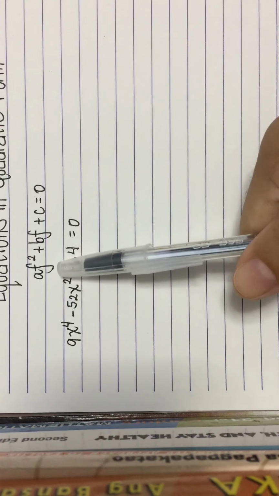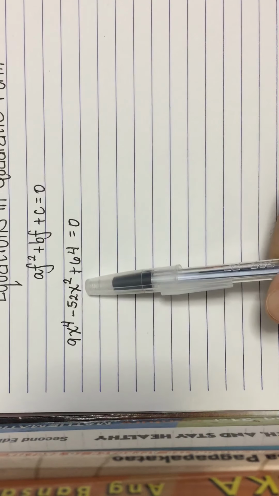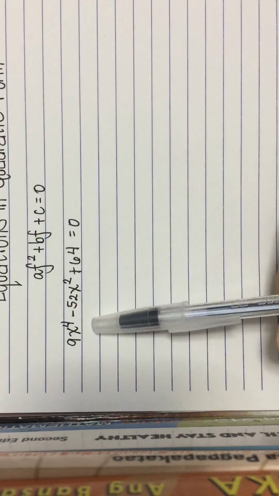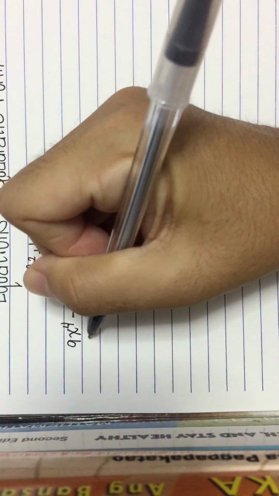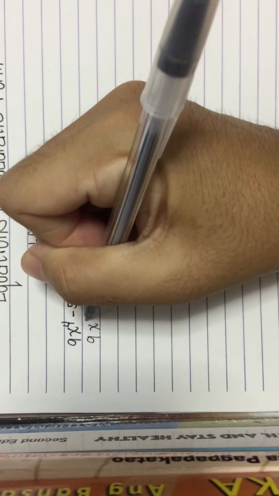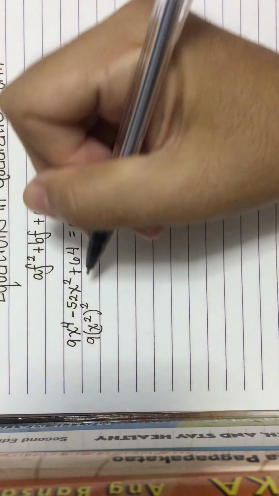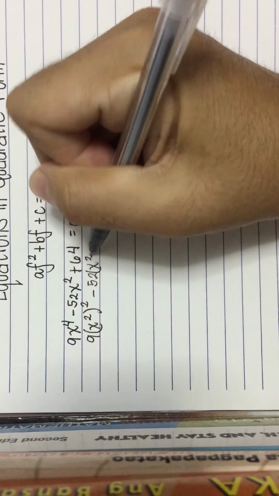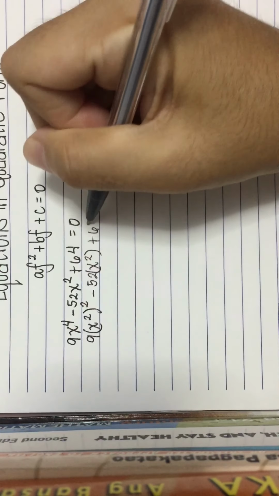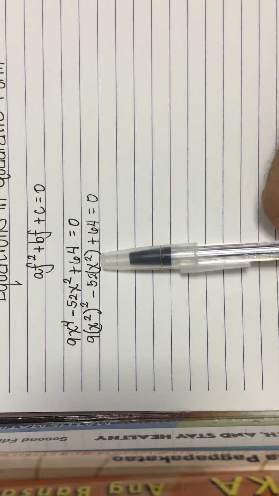So first, observe x to the fourth and x squared. As you can see, we can express it as 9 times x squared to the second power minus 52x squared plus 64 equals 0. So as you can see, we have here x squared and x squared.